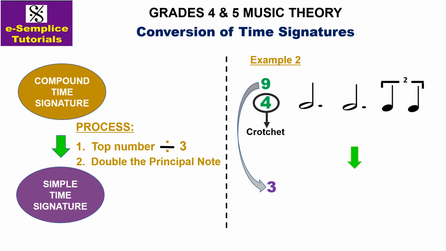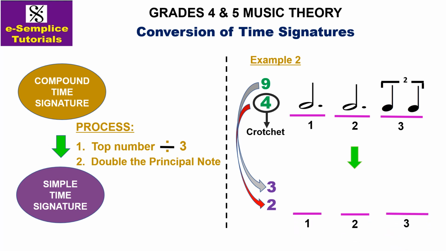Double a crotchet and you have a minim. 9/4 is a compound triple, while 3/2 is a simple triple time, each having 3 main beats per bar.